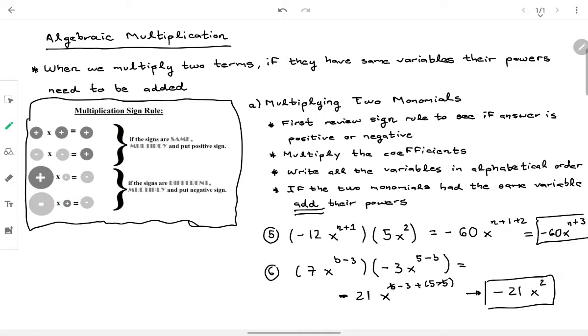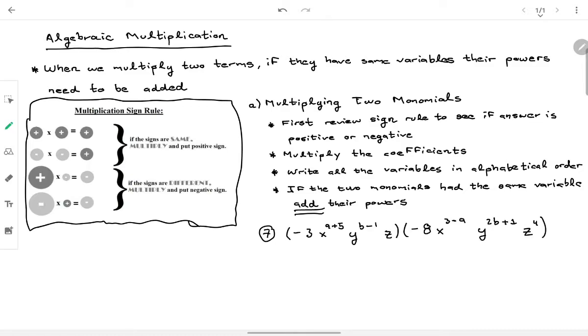Let's see some other examples. So this exercise is something similar. We need to see if our answer is going to be positive or negative. In this case, minus multiplied by minus, it's going to be a positive one. We don't need to write that it's positive, but I will put it because you need to know it.